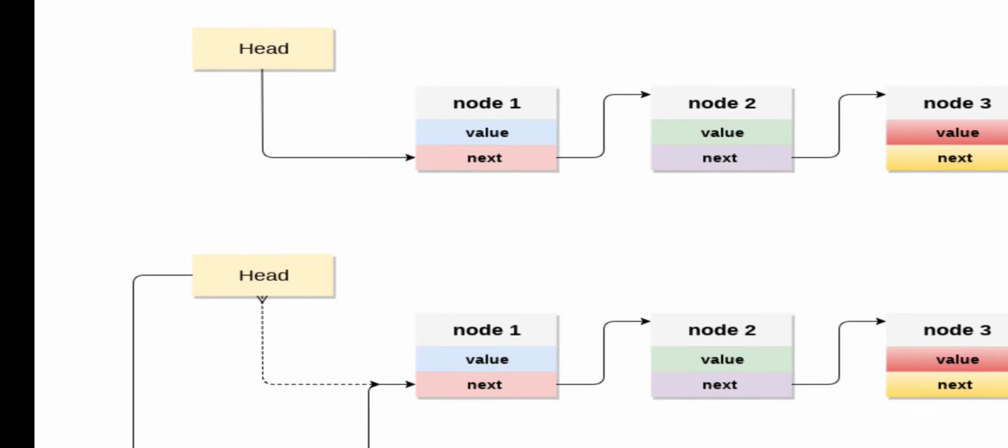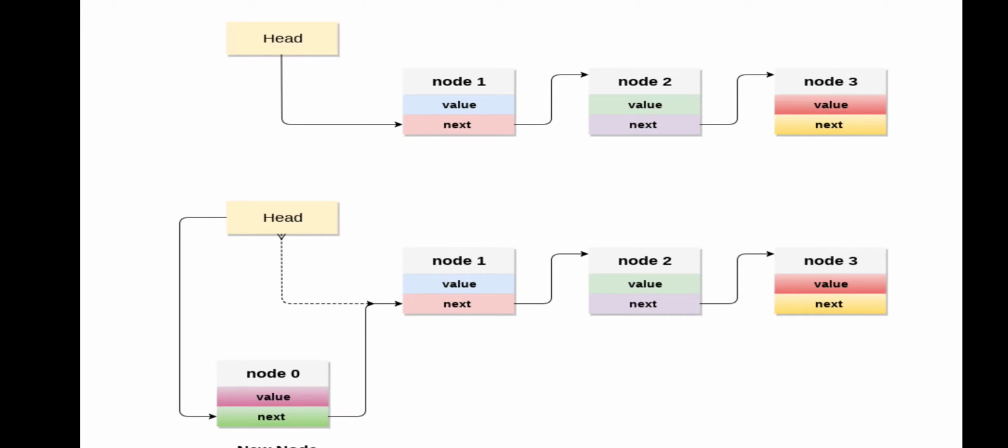Here the first node address is available at a head node, and node 1 contains some value, and the next address field of node 1 contains the address of node 2.